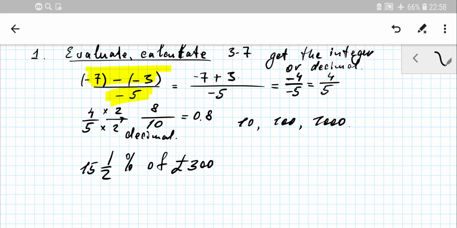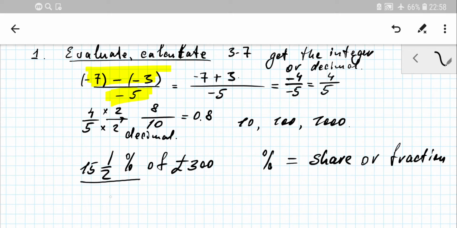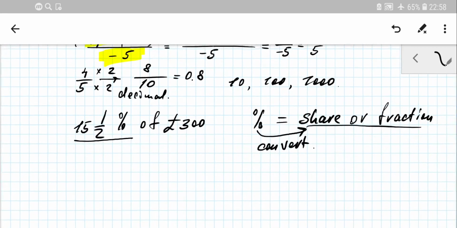All right, so how to work it out? If you know that a percentage is the same as a share or fraction, what do you need to do? You simply need to convert the percentage into a share or fraction. So convert, that's the first step.